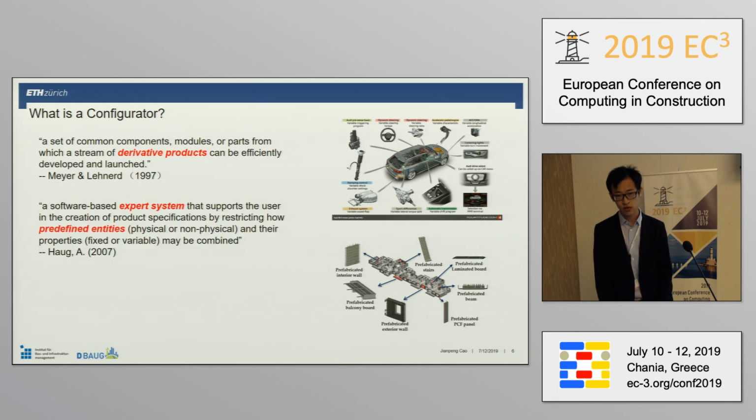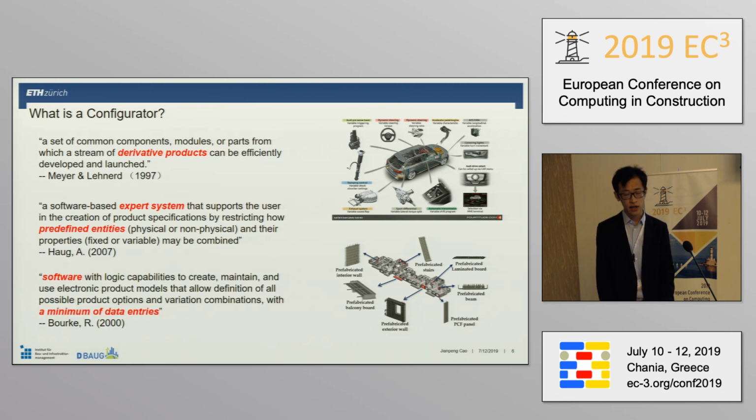Second, it is an expert system embedded with predefined product specifications, or what we call configuration rules here, which constrain how those modules or components get assembled together. And in the end, it is a software with high automation, which requires a minimum of data entry from users to achieve the product variations.